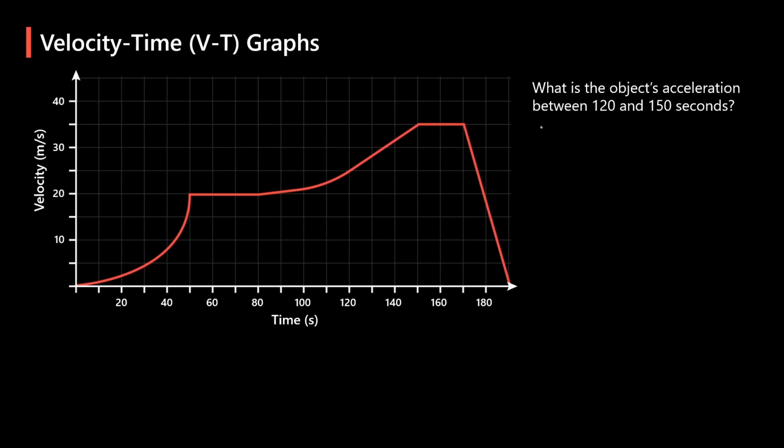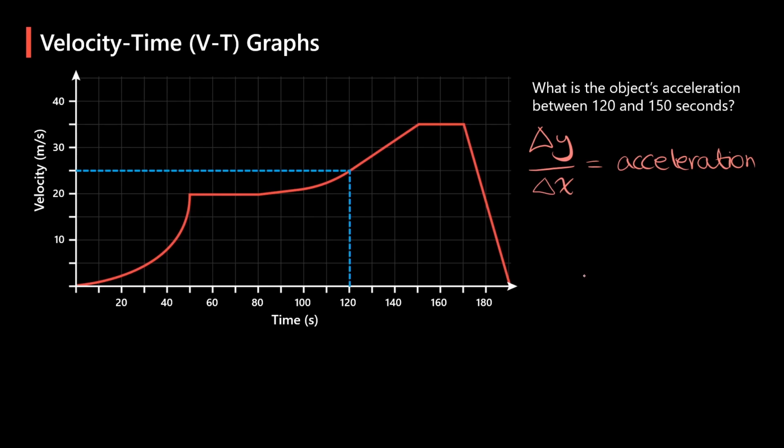Right, so we know that the gradient, the change in y over the change in x, is equal to the acceleration. We want to know the acceleration in this region here. We read off the velocity for 120 seconds, and that comes out to be about 25 meters per second.